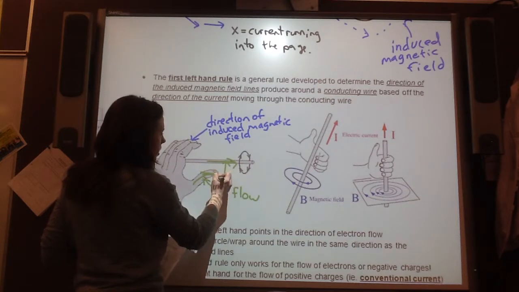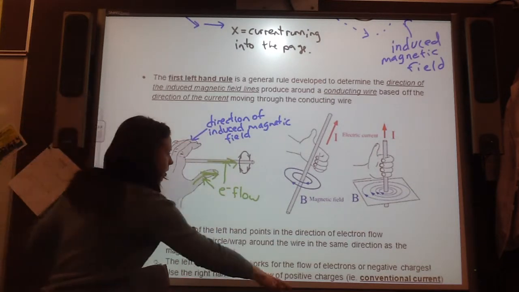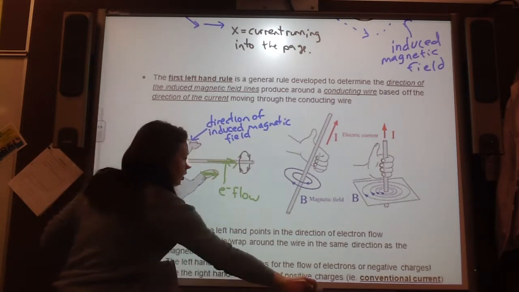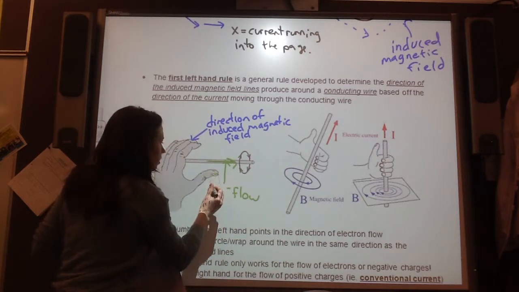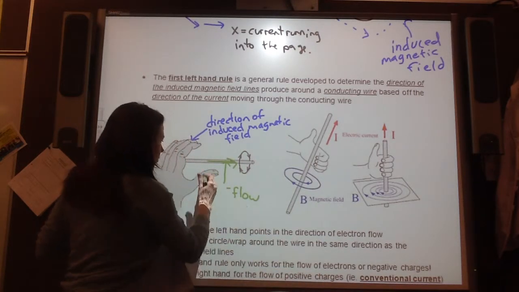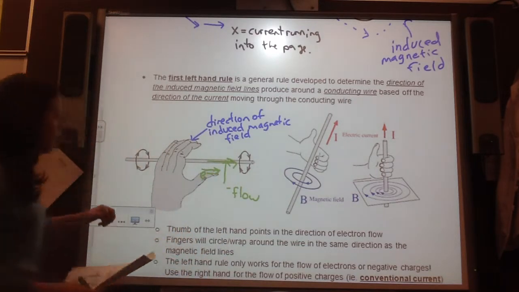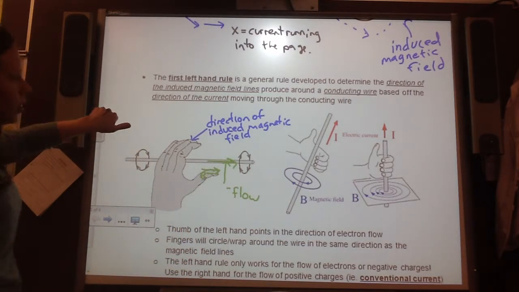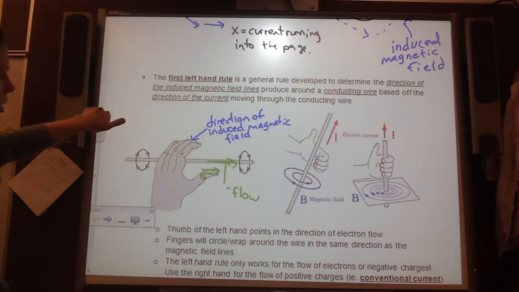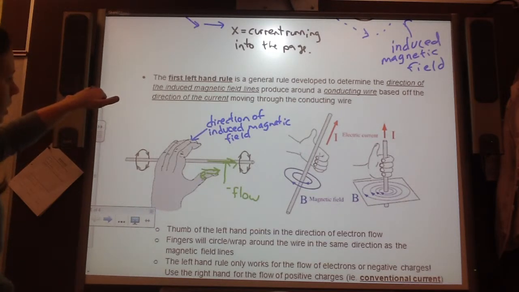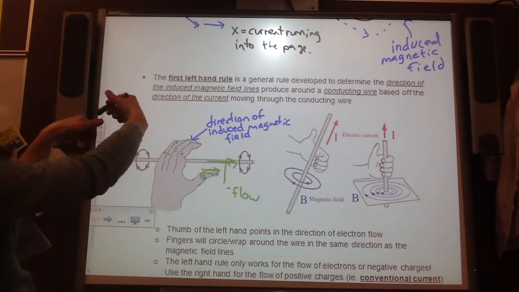I shouldn't draw two arrows. So the thumb, you can do it with me, points in the direction of the electrons, and the fingers point in the direction of the induced magnetic field, so it's going around this way.